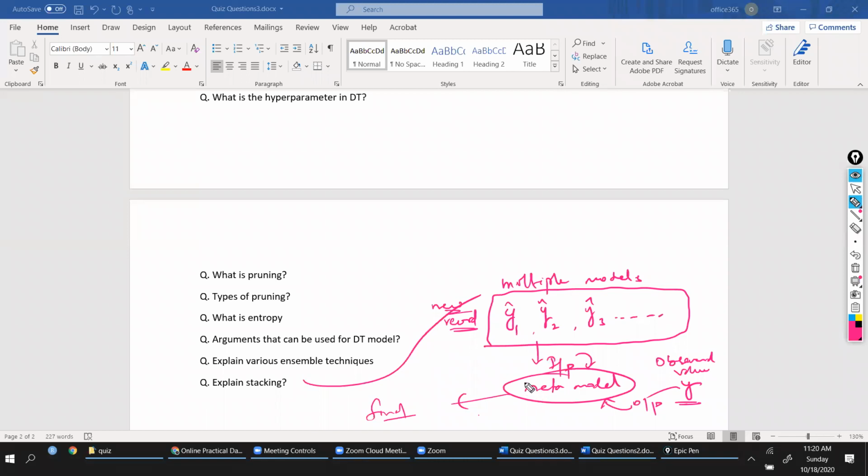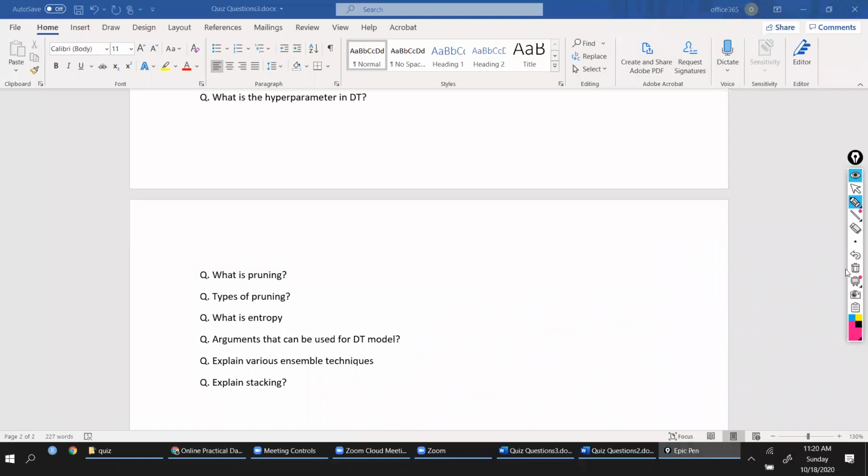So you will have supervised learning techniques trying to predict the output, but those output values which are obtained by these base models or base learners, their output will become input for the meta model. Right? So that's stacking for us.